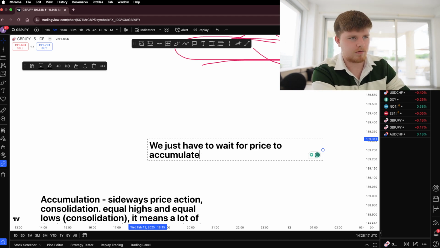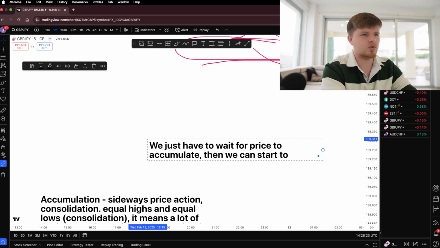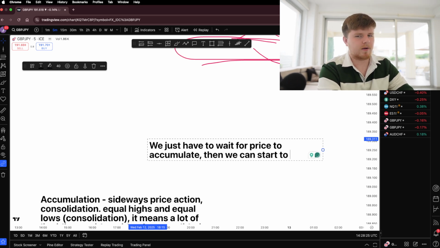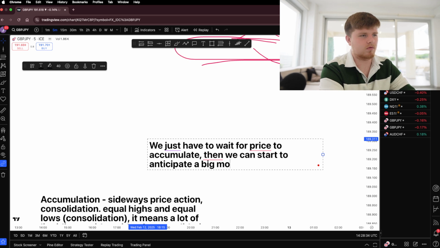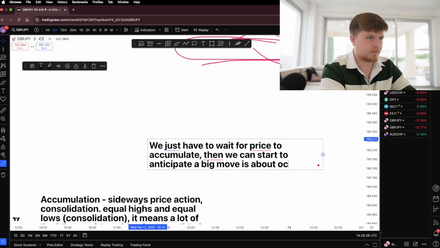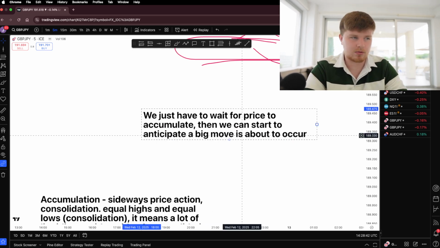Then we can start to anticipate that a big move is about to occur.